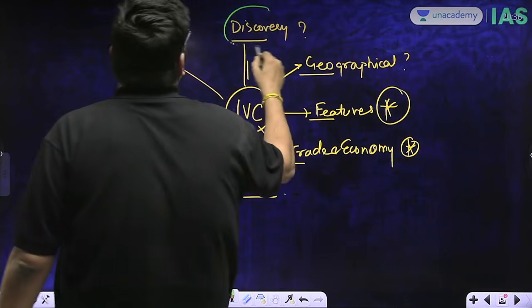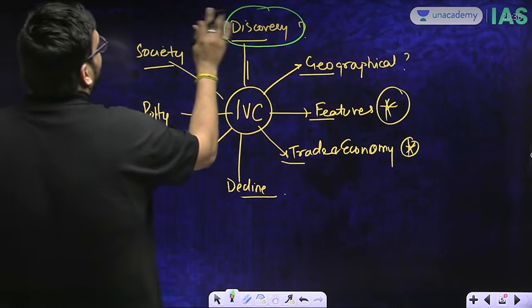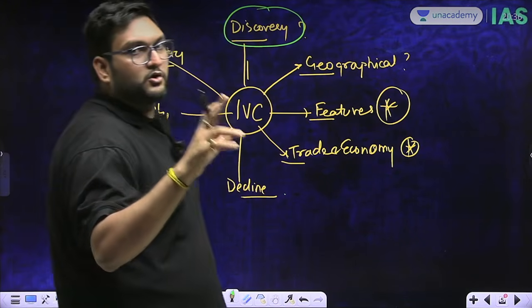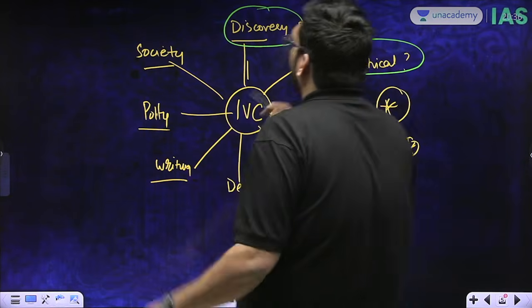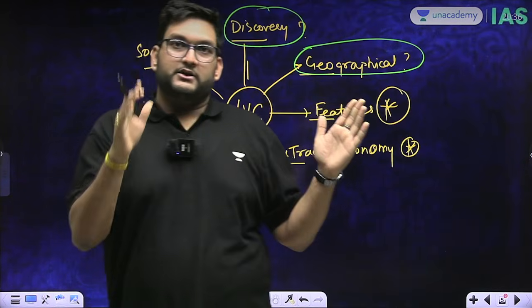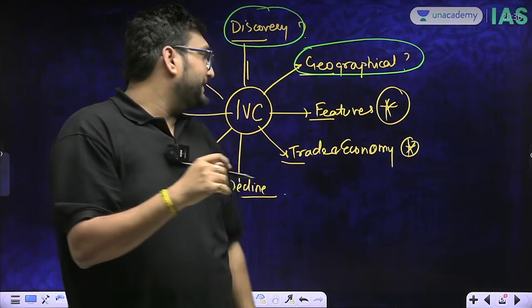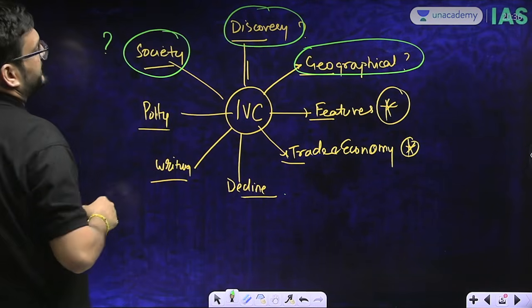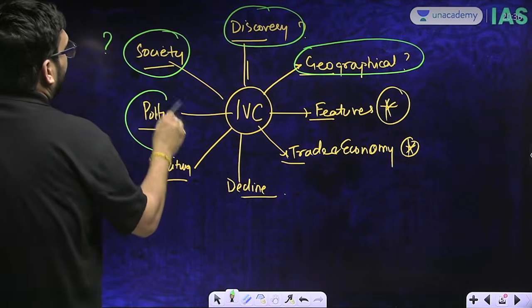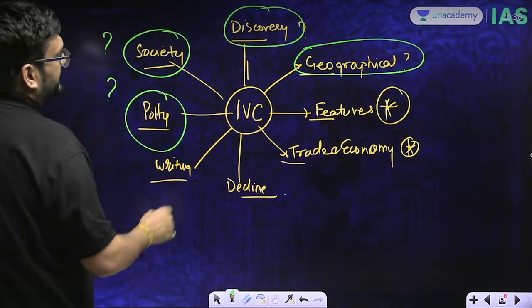So let's revise once. Discovery: Charles Masson in 1826, John Marshall in 1924. Geographical spread: Manda, Sutkagendor, Alamgirpur and Daimabad. Society stratified, but we cannot ascertain its nature per se. Polity centralized, but nature cannot be ascertained.